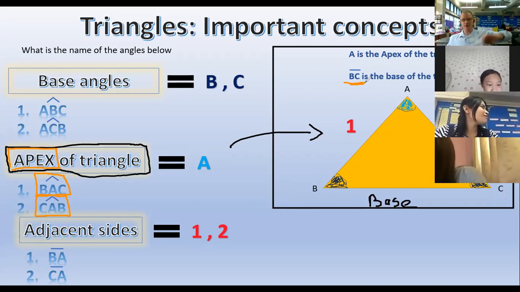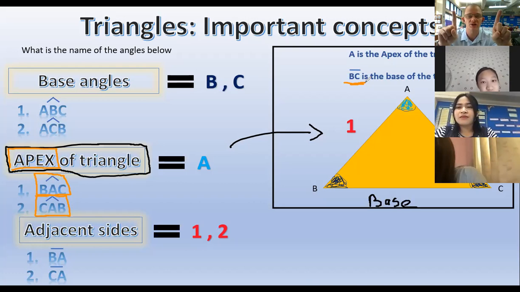If you have your triangle like this one, I have a nice big triangle. This is the base of the triangle. And opposite the base is the apex. So if you want to write down the 2 base angles, always remember there will always be 2 base angles. One going one way, one going the other way.